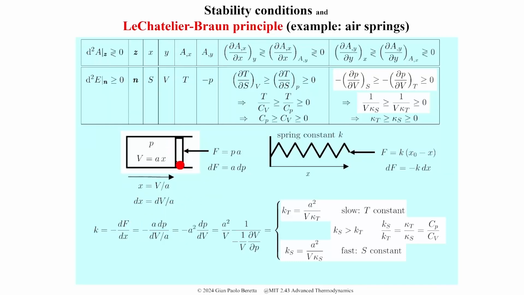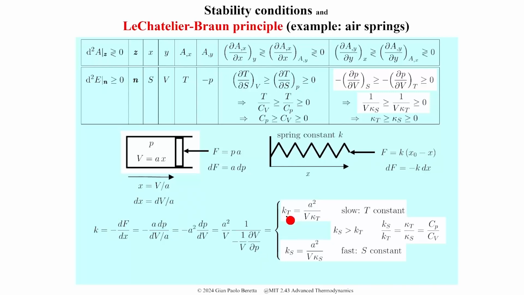And this is also a similar situation. This acts as a spring. And you can compute dF over dx. And if you go down here, you see it's related to the area, little a, of the piston, the volume. And this thing as a denominator is the compressibility.